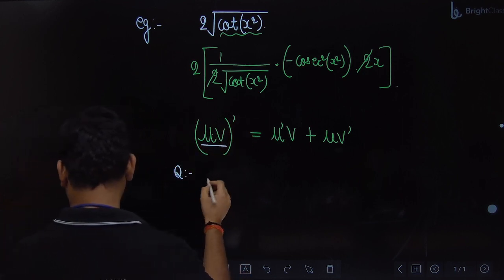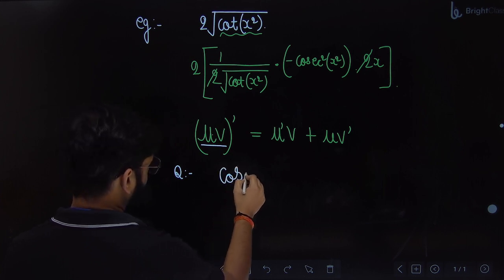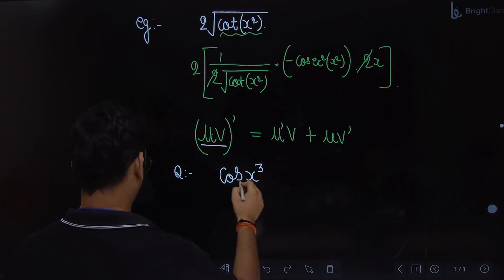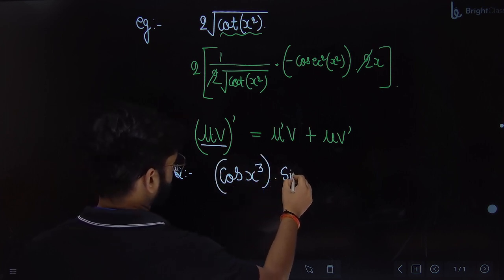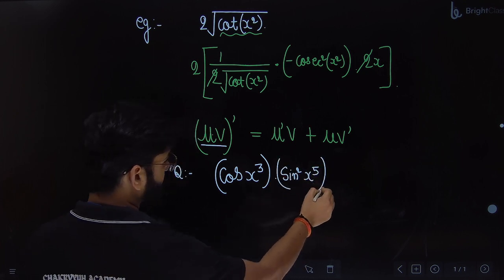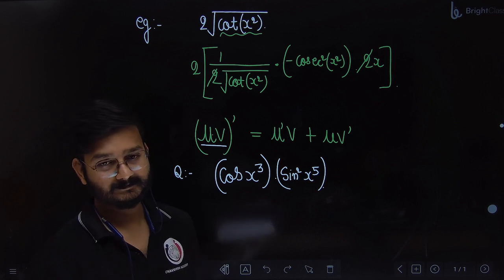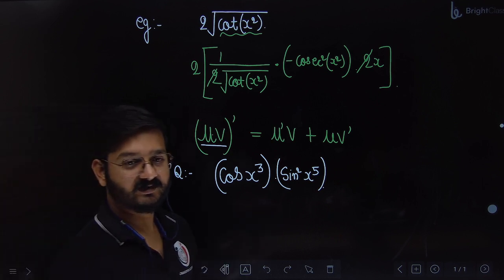So the next question is: differentiate cos of x cube into sine square of x to the power 5. So what is the first thing you observe?